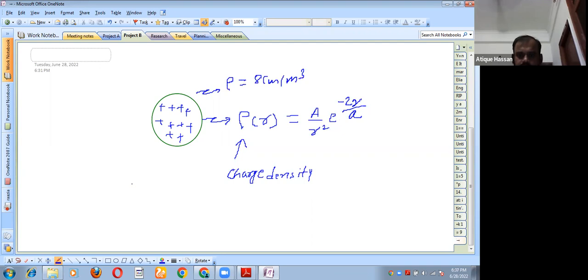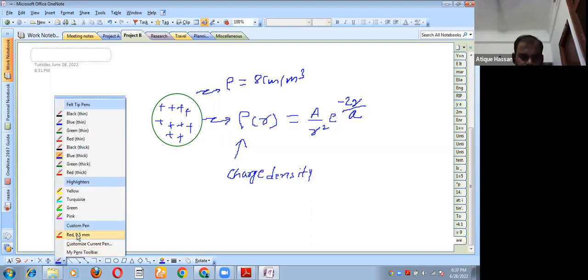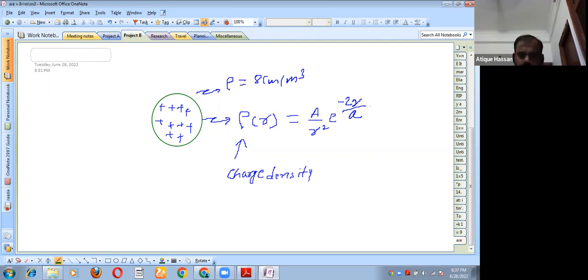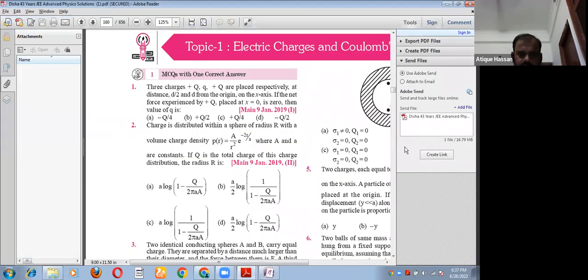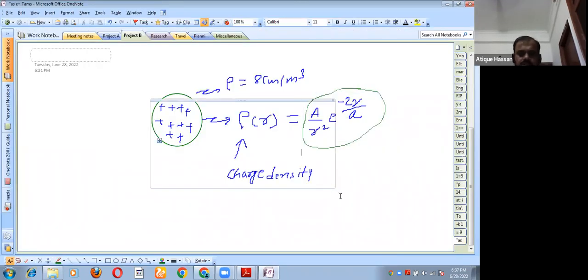But here the speciality is that the charge density is variable. It is not constant. It is given as A by r square e to the power minus 2r upon k, where A is a constant. It means charge density is varying with radius.